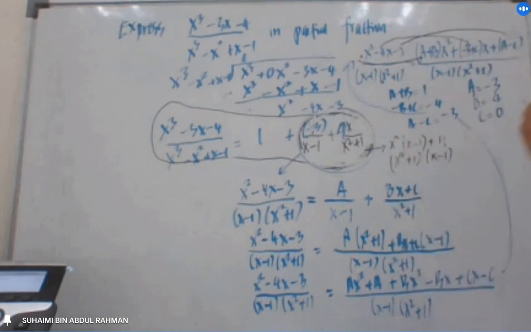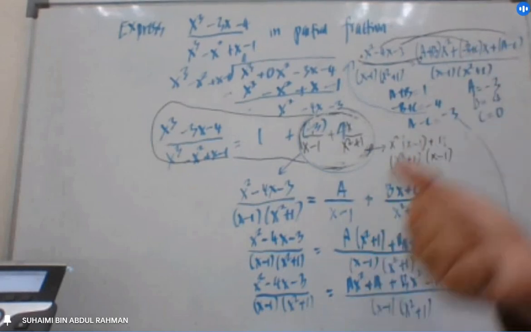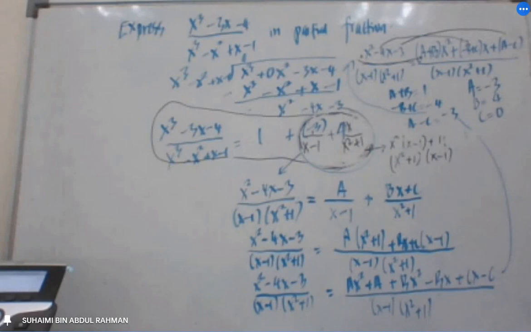Number 1 is to find whether the rational function is improper or proper. If it is proper, no problems. You go to factorize g(x).